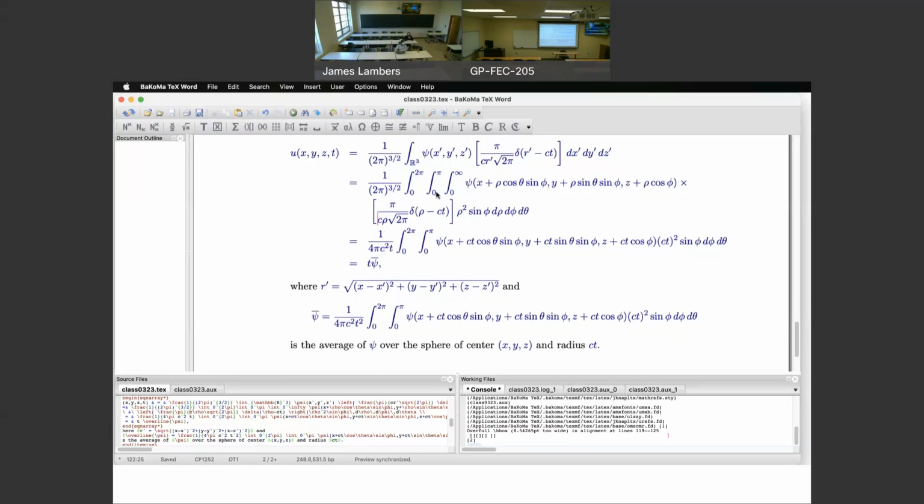What we're saying here is that because we're integrating, if you consider the integral with respect to rho from 0 to infinity of the delta function, it ends up being equal to the value of the whole integrand at the argument which makes this 0. And that leads to rho being replaced with ct throughout this whole thing. And then the integral goes away.